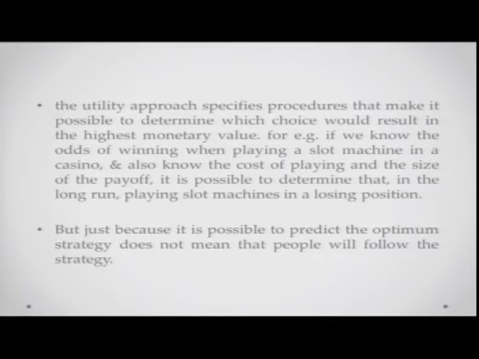But just because it is possible to predict the optimum strategy does not mean that people will follow it. Mathematically this is correct and I know it, but I still do something which is not optimum. In today's lecture, we will try and see what kind of processes intervene in us making decisions which are not optimum.